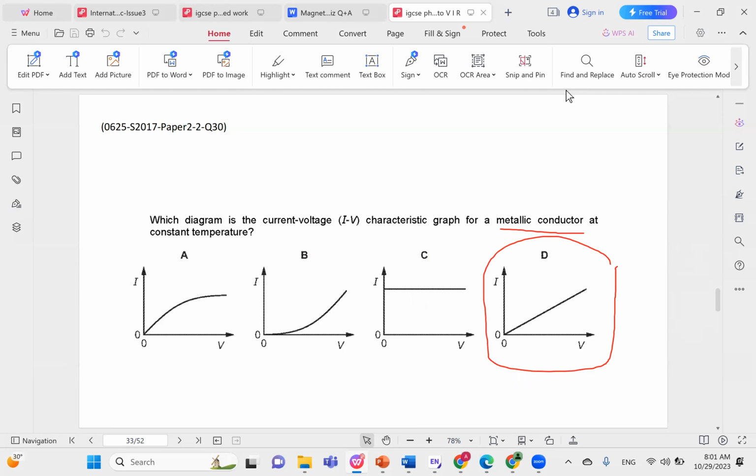We would have chosen A had they asked for the graph of a filament lamp. So you have to distinguish between metallic conductor, which is what we circled, and filament lamp, which is the graph in choice A. So the correct choice here would be choice D.